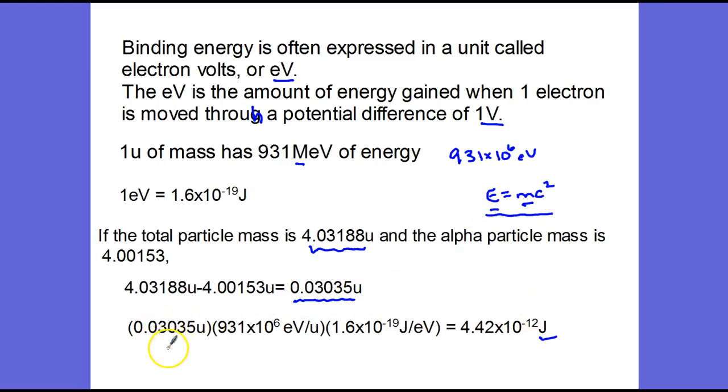We take the mass deficit, that's in U, and we convert that to EV by multiplying it by 931 times 10 to the 6th EV per U. Notice then the U's cancel out and we have EVs. And then we convert that to joules by using the 1.6 times 10 to the minus 19th joules per EV. And we have 4.42 times 10 to the minus 12 joules. This is very similar to an example that's done in the course content.